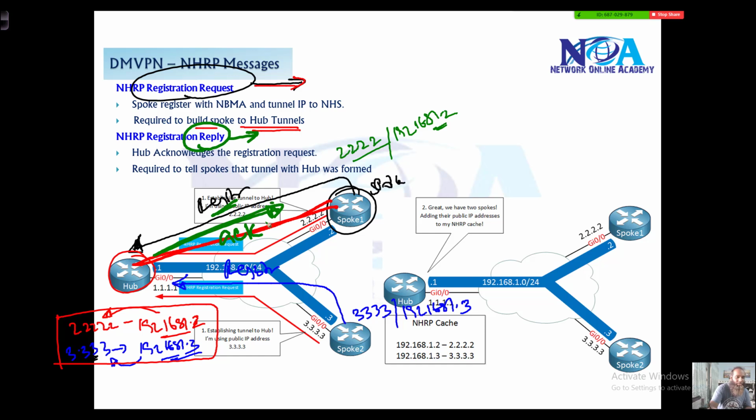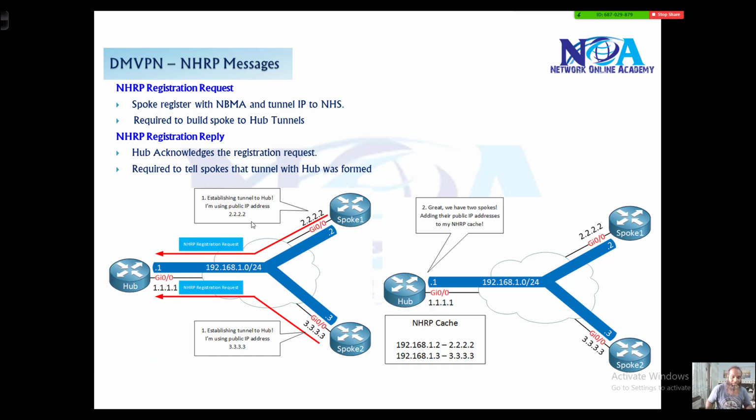Based on these messages, the tunnel will be established. It's like telling the spokes that the tunnel between the hub and the spokes has been established. So these are the two messages, and based on this, the tunnel establishment happens. Along with that, the hub will come to know the NBMA to tunnel IP address mapping.